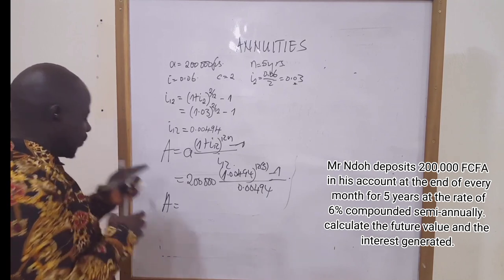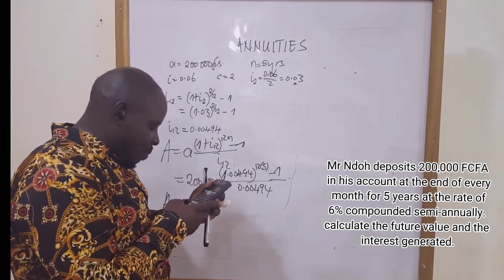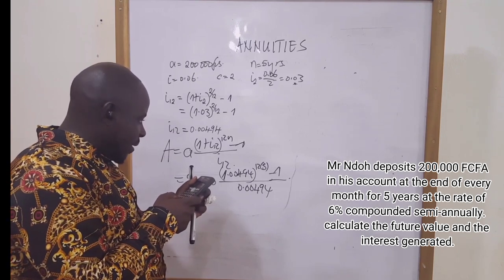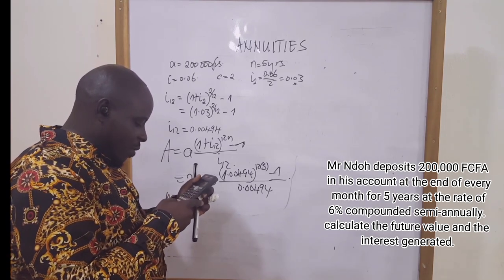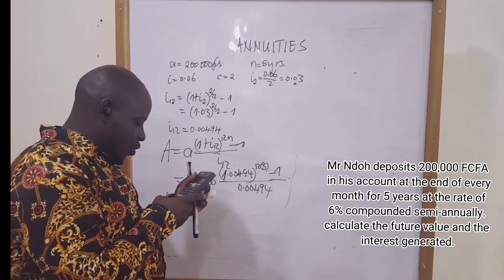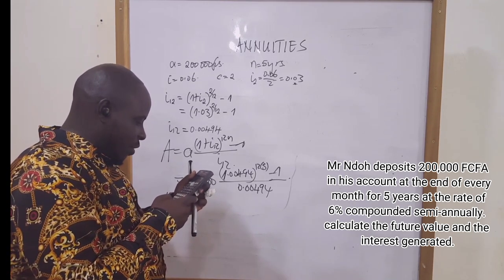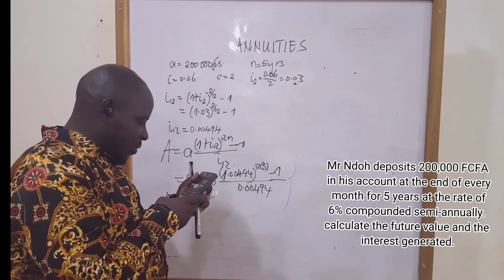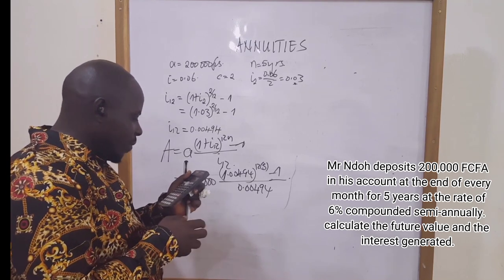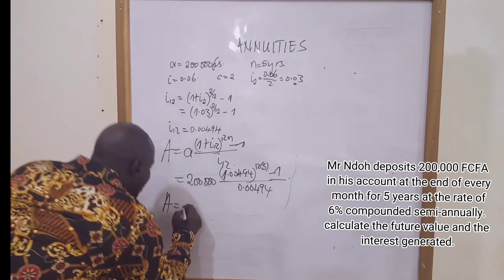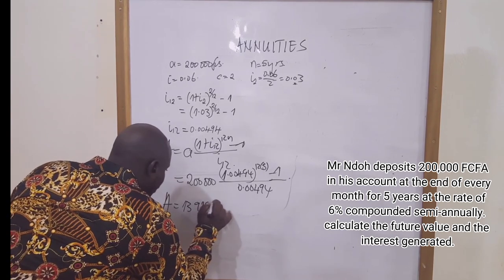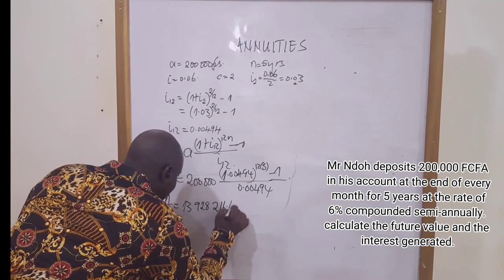Let me calculate. So I'm going to have 1.00494 raised to the power 60 equals, minus 1 equals, divided by 0.00494 equals, times 200,000. 13,928,216.61.